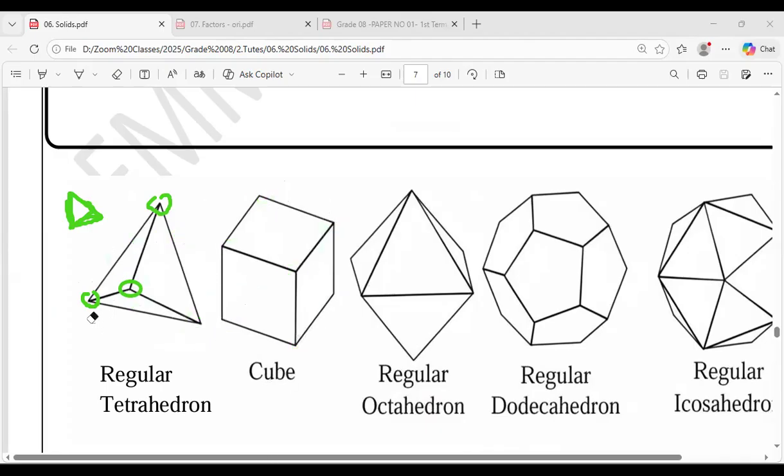And if you consider the regular octahedron, what is the shape of a face of the regular octahedron?